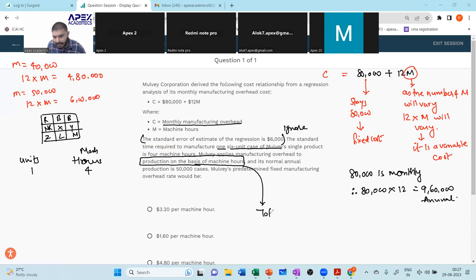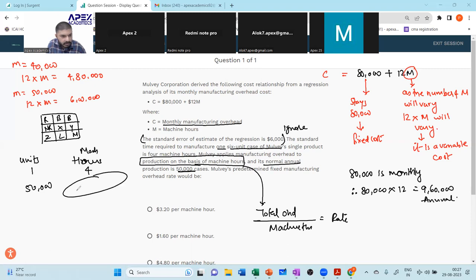Total overhead divided by machine hours will be the rate. And its normal annual production is 50,000 cases. So it needs how many? 200,000 hours. Correct?